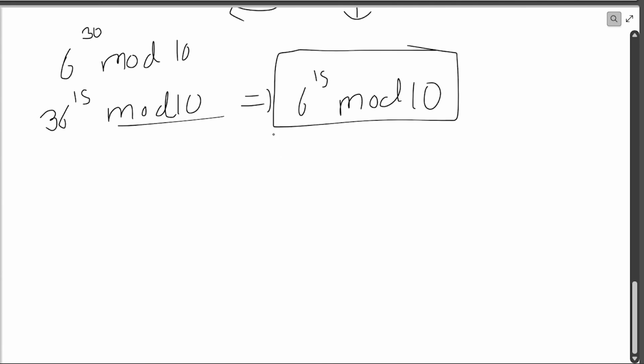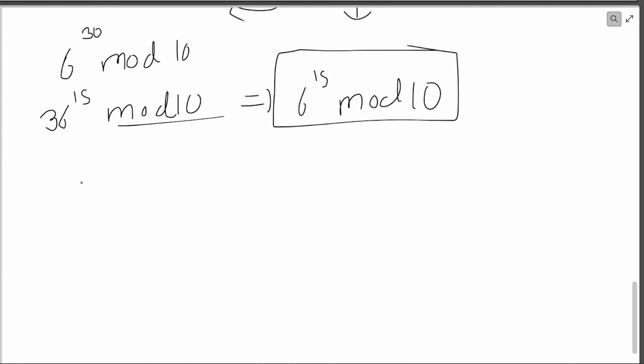So one way to solve this is you can first take 6 raised to 1, which you know is 6 mod 10. Sorry, mod 10 was here as well. Then you just double it. So you take 6 squared mod 10, which would be 6 raised to 1 into 6 raised to 1, right?